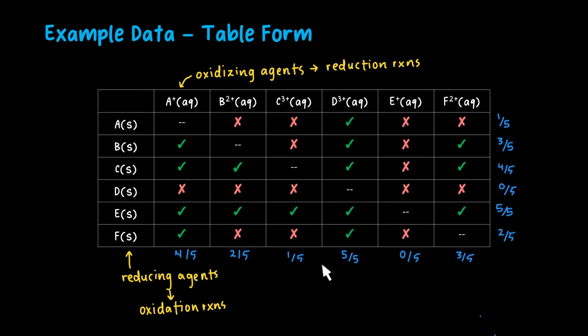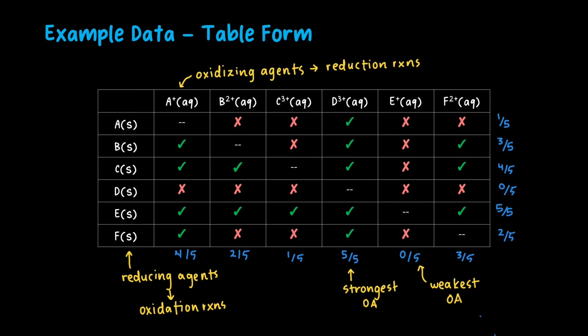And so we can take the number of reactions that occurred here and rank our oxidizing agents from strongest to weakest. So the strongest oxidizing agent will have the most reactions, and the weakest oxidizing agent will have the fewest reactions. And I'll just add OA there because we're going to do the same for reducing agents.